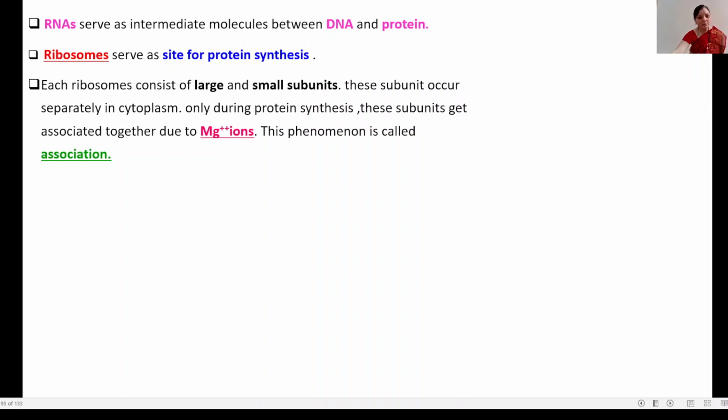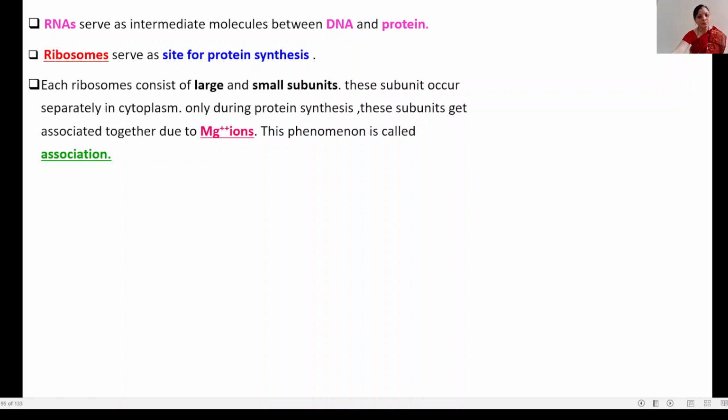70S type of ribosome is present in the prokaryotic cell and 80S type of ribosome is present in the eukaryotic cell. Both types of ribosome consist of a small subunit as well as a larger subunit. They are present separately in the cytoplasm.